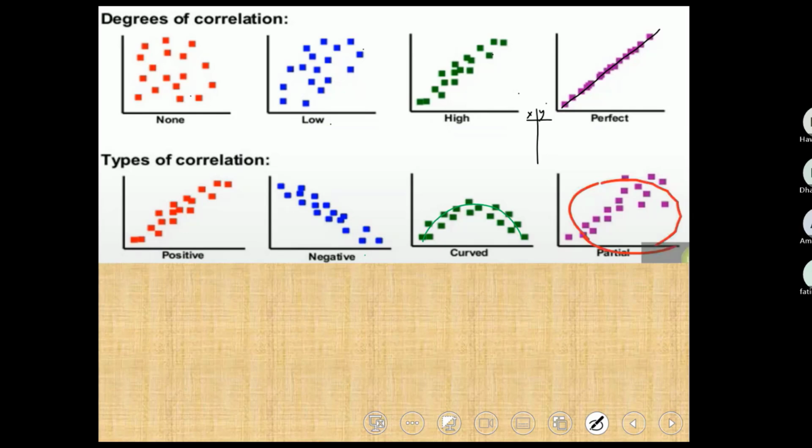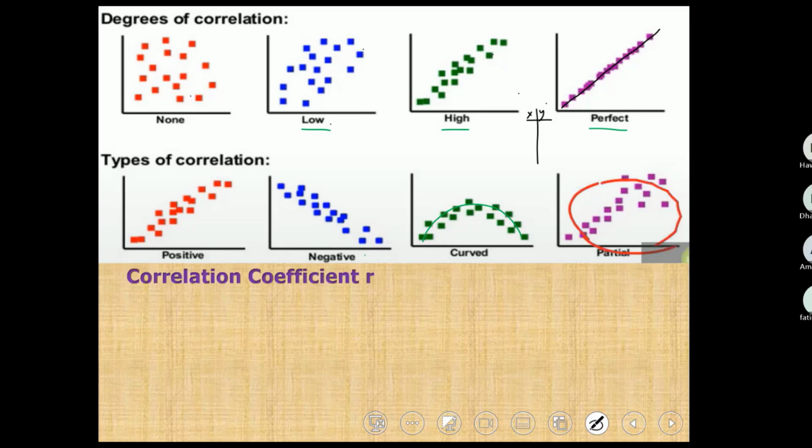How do you say low, high, perfect? Perfect is very clear, but high depends on your point of view, right? But we agree about positive and negative because we're going up or down. But about low, high, maybe moderate, we have to measure this.